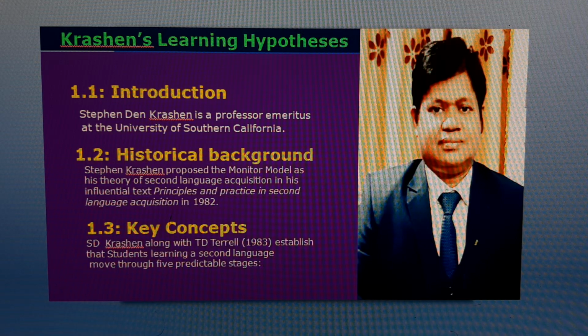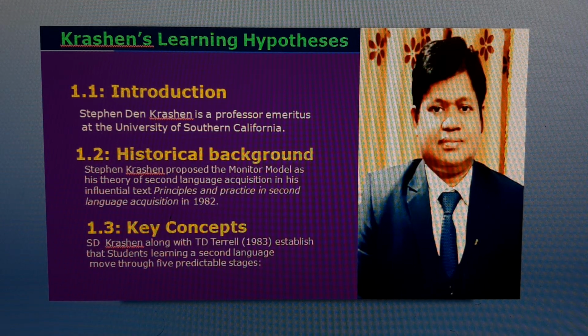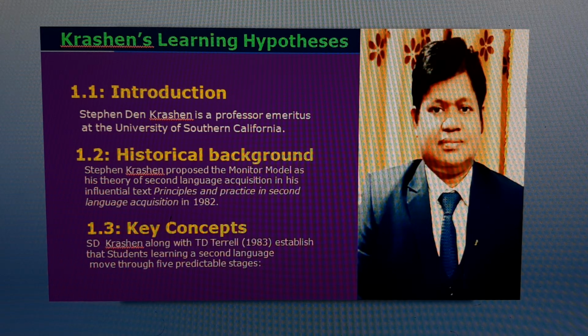Introduction. Stephen Krashen, a linguist and educational researcher, is a professor emeritus at the University of Southern California who moved from the linguistics department to the faculty of the School of Education in 1994. Krashen is an expert in the field of linguistics, specializing in theories of language acquisition and development.